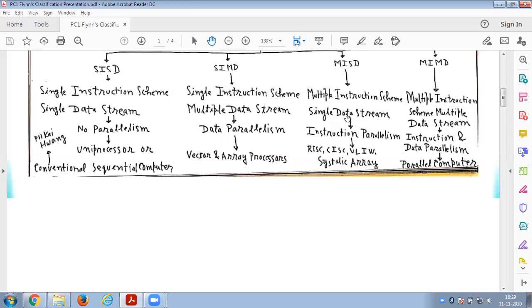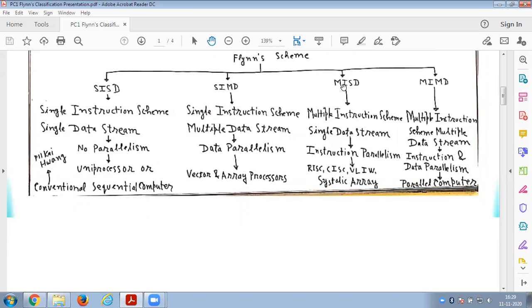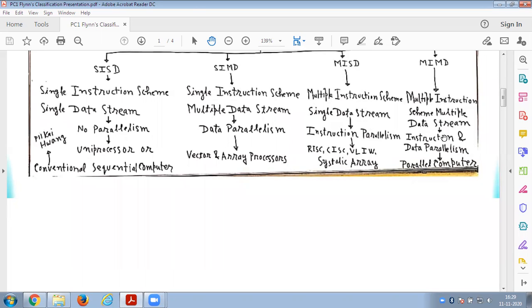But as such, no practical computer exists in MISD; it is only for theoretical purposes. In MIMD, instruction and data parallelism both are employed, and all parallel computers, supercomputers, which we call fully parallel computers, fall under the category of MIMD.